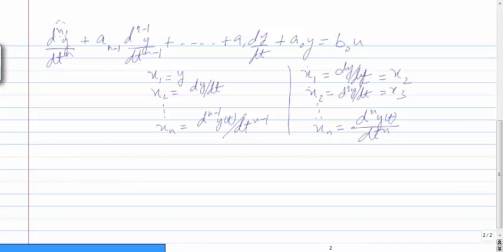So from here we take this, write it on the other side and take all the other terms on the other side.